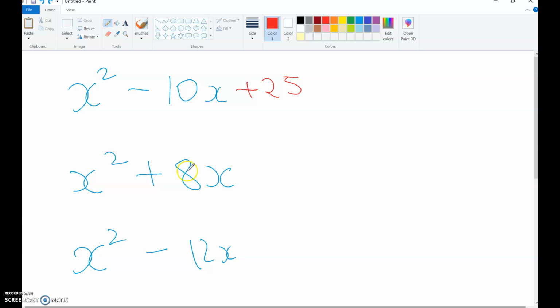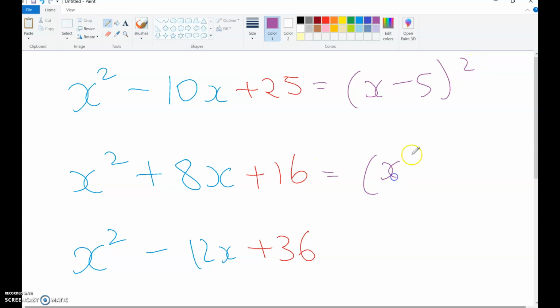Here, half of 8 is 4, 4 fours is 16, half of negative 12 is negative 6, negative 6 times negative 6 is 36. And so these you would understand factorise to x minus 5 squared, x plus 4 squared, and x minus 6 squared.